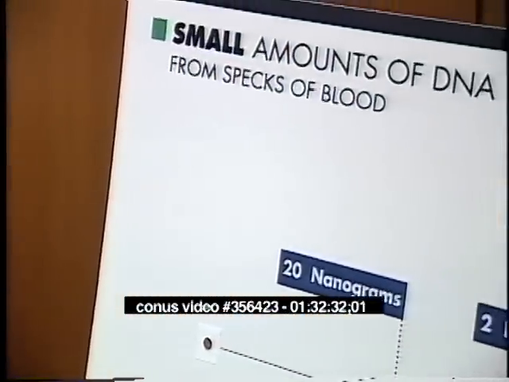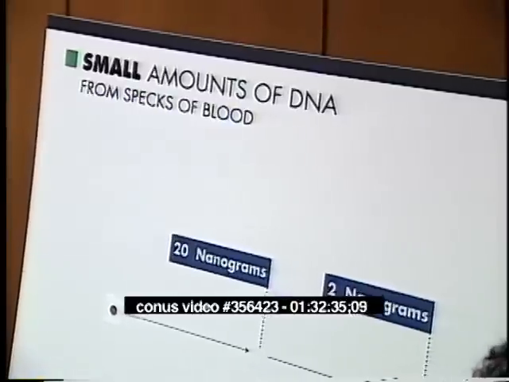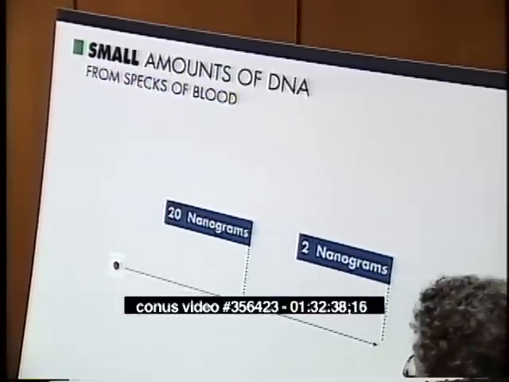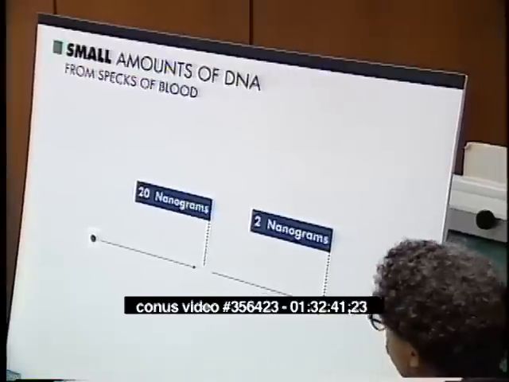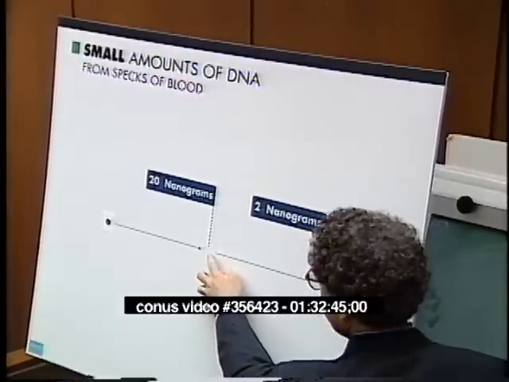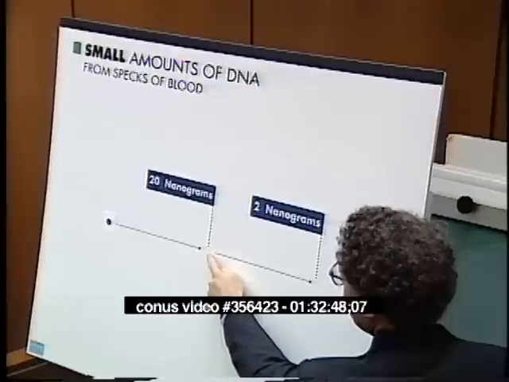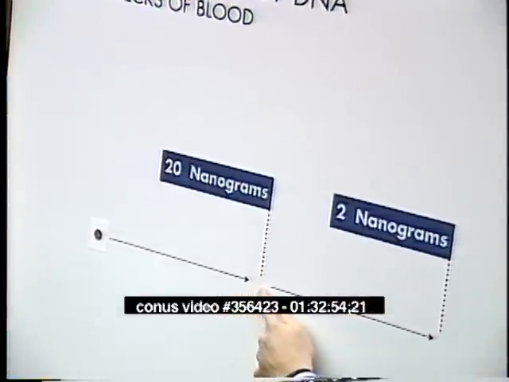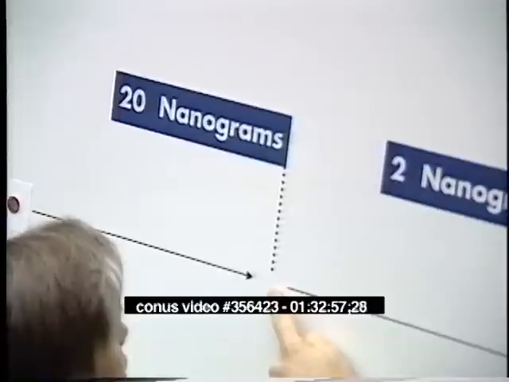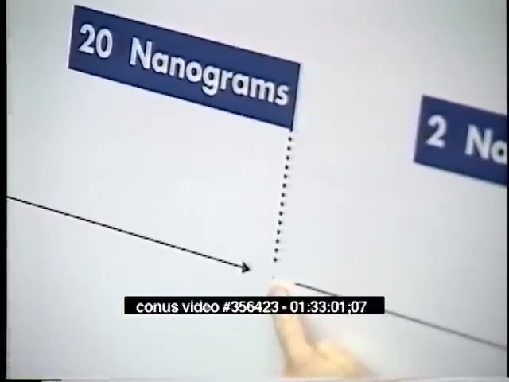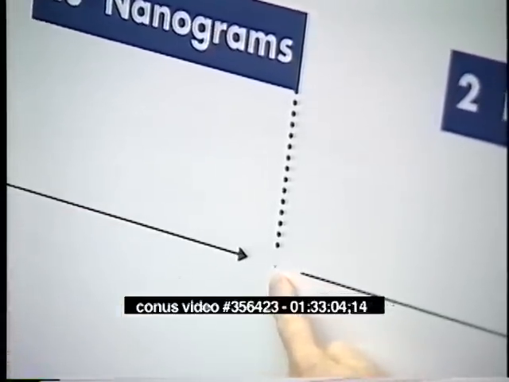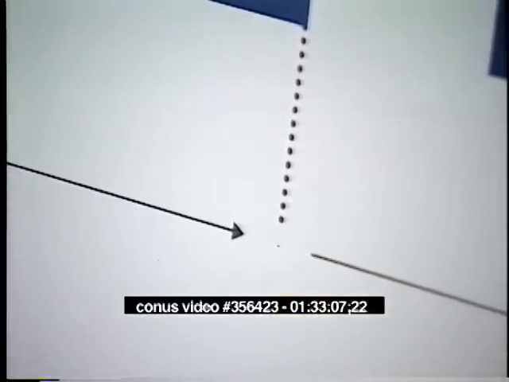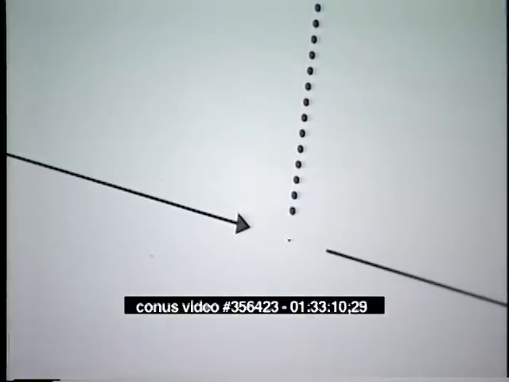Dr. Cotton, I have just one question from this board. If there is 20 nanograms approximately in a microliter, would you agree that a microliter of blood is the approximate size of this item that I'm pointing to? And if you can't see it well, please come down off the stand. A microliter is a volume, and that looks like the head of a pin.